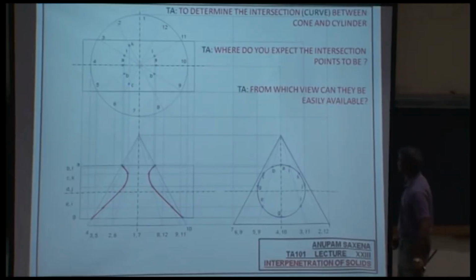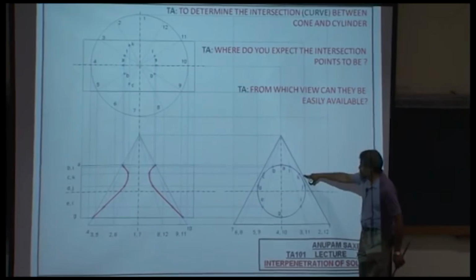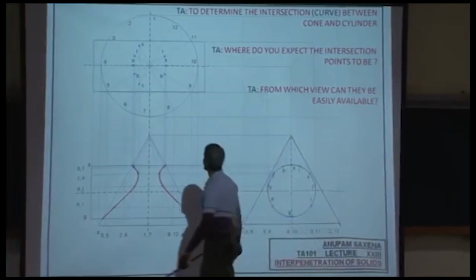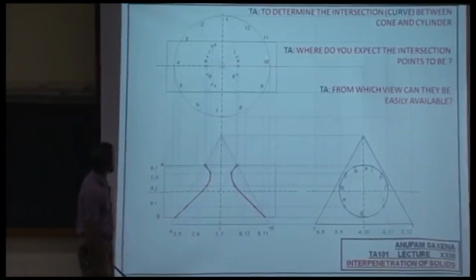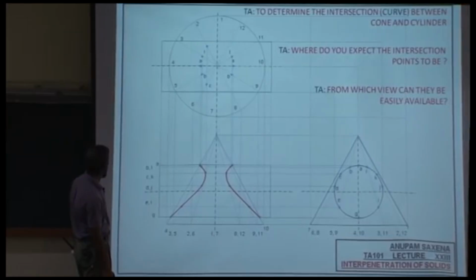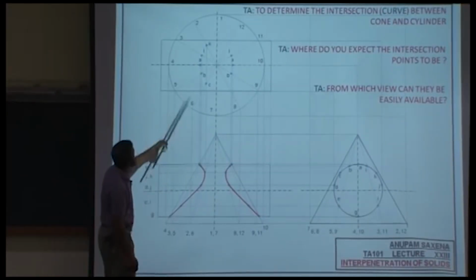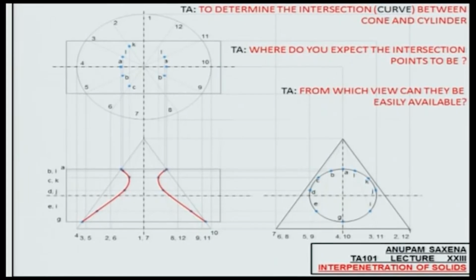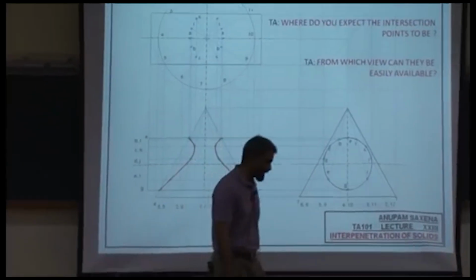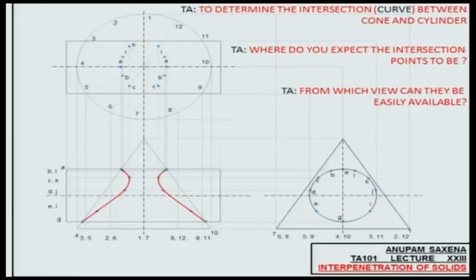And K would lie on 12, right? No, K would lie on 2. Likewise, from the right, these points would lie on generators 8 and 12 and so on and so forth. So keep projecting, be very careful. Those intersection points have to lie on specific slant lines.